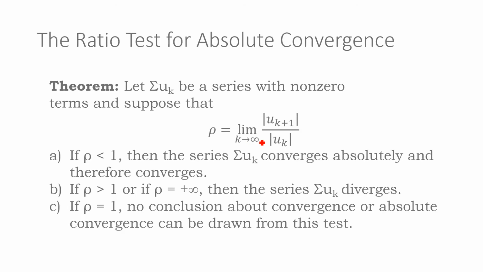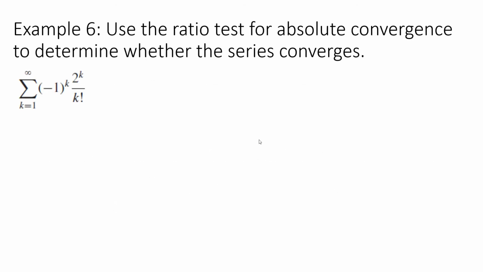Let's have this one. Use the ratio test for absolute convergence to determine whether the series converges. The series is the summation of the quantity negative 1 raised to k times 2 raised to k over k factorial, from 1 to infinity.